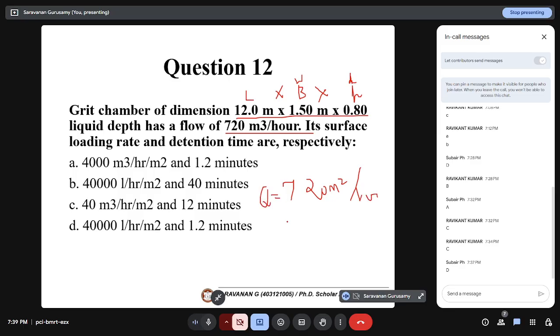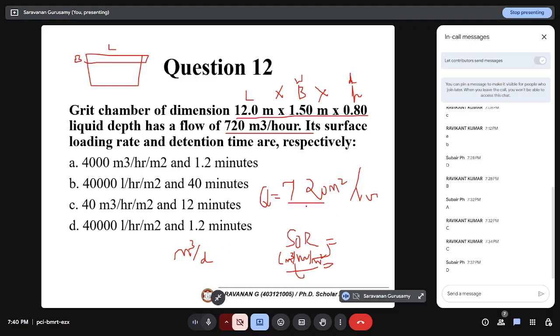They are asking for SOR and detention time. What is the unit of SOR? Meter cube per hour per meter square, so just divide by meter square. Which meter square, L into B or L into H? For surface overflow, always take L into B. So L into B is 12 into 1.5. If I divide by 12 into 1.5, I will get 40,000 liter per hour per meter square after converting meter cube to liter.